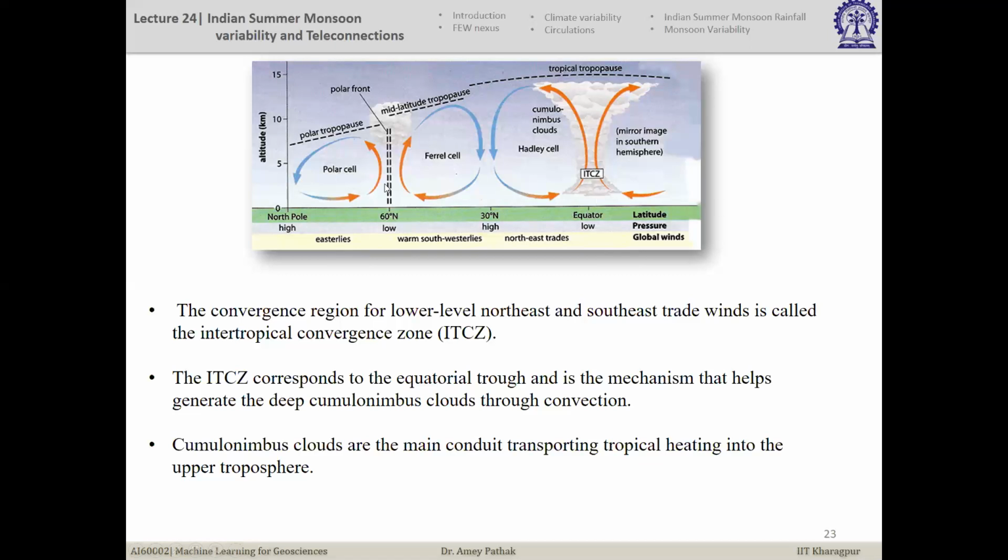So there is a strong convergence over the equator region, which is why it is called the intertropical convergence zone. This intertropical convergence zone is not fixed, but changes its position with the seasons. During summer it moves towards the northern hemisphere, whereas during winter it moves towards the southern hemisphere.